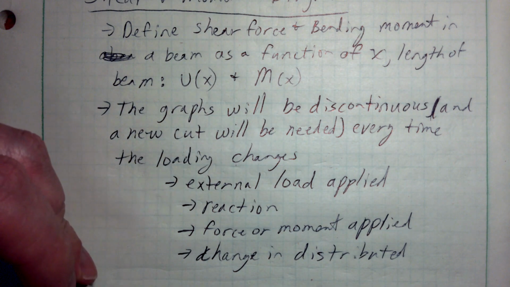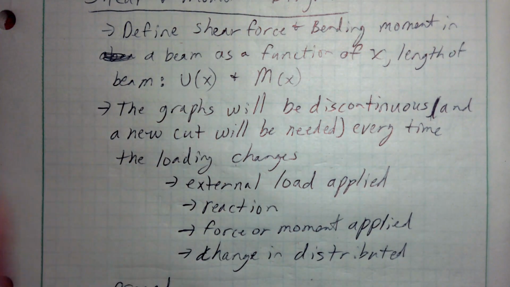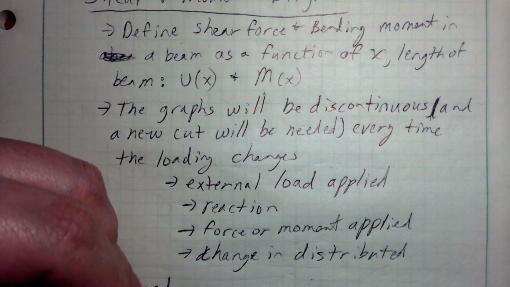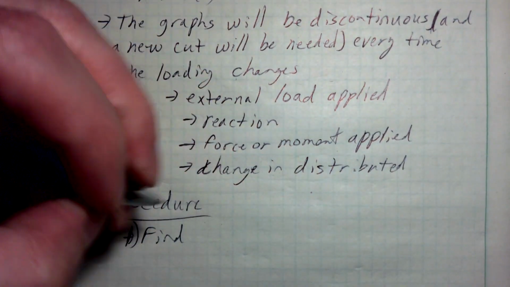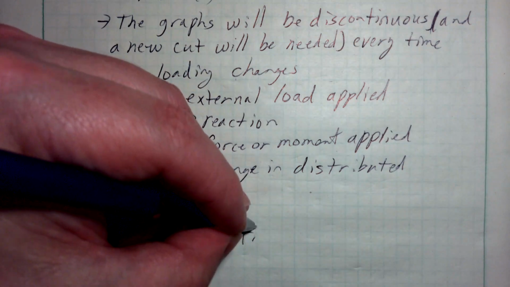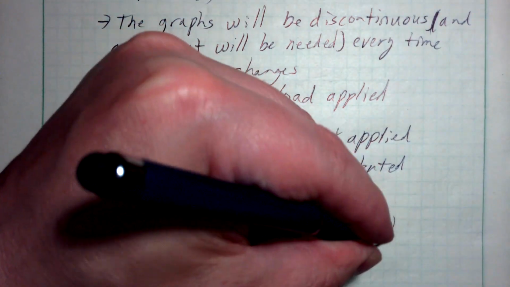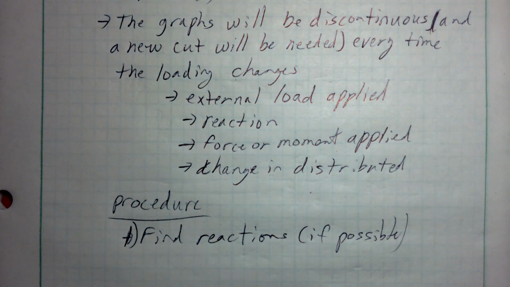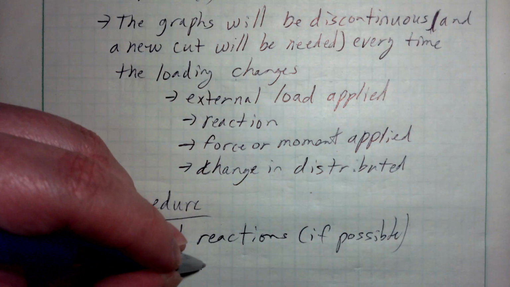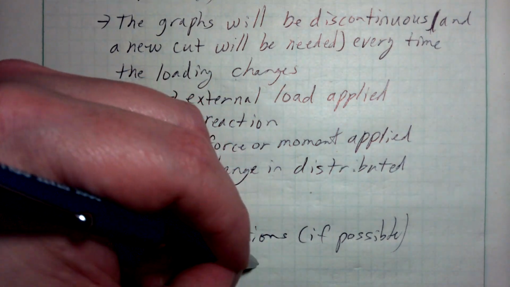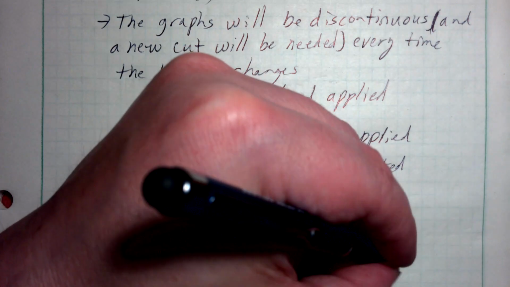So the procedure. Step 1, find reactions if possible. Step 2, determine the number of cuts needed.